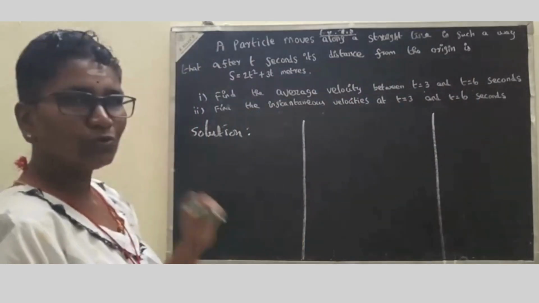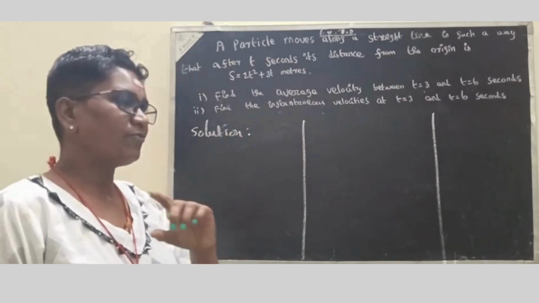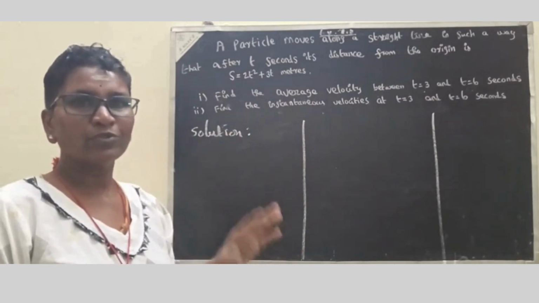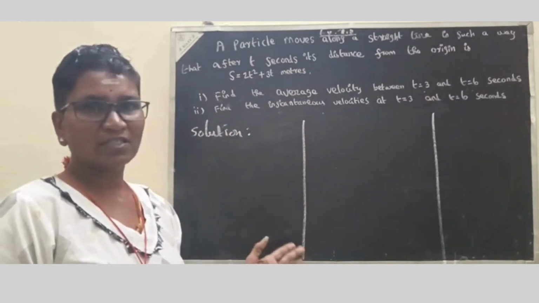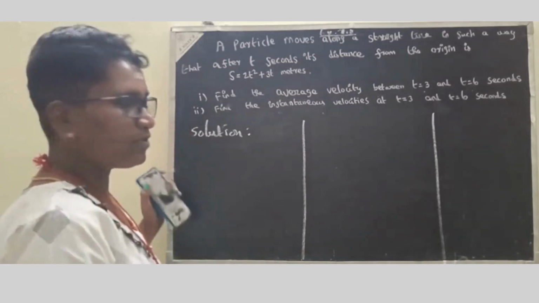First, we are supposed to know what velocity is. If you are a physics student, you are supposed to know what velocity and acceleration are. So first let us see what velocity is.